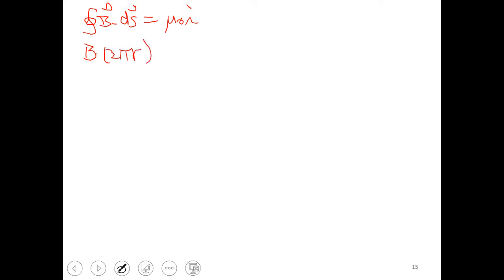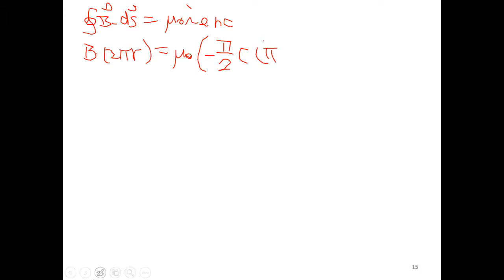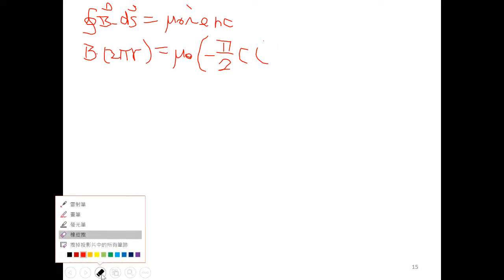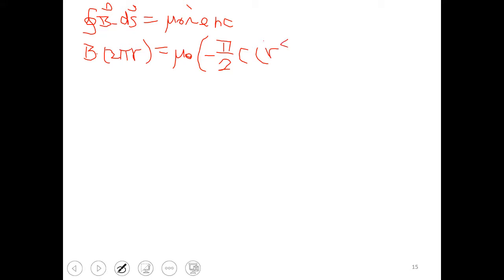This is I enclosed, so mu 0 times minus 2 pi C, sorry, not pi, r to the 4th power minus a to the 4th power. Something like this.